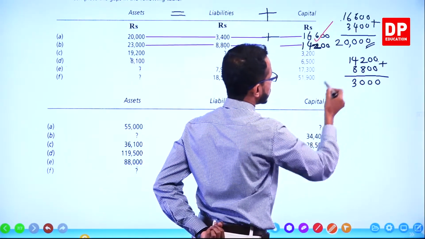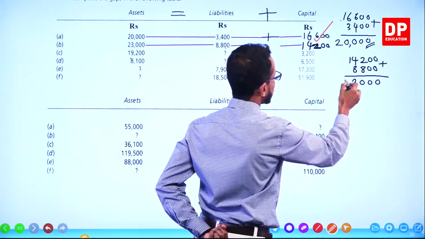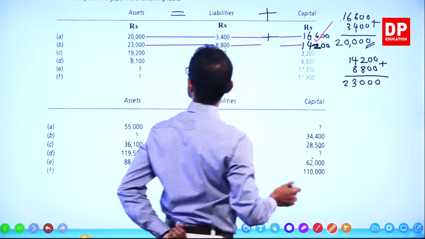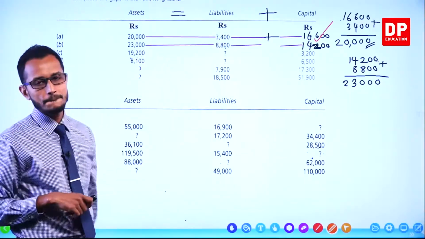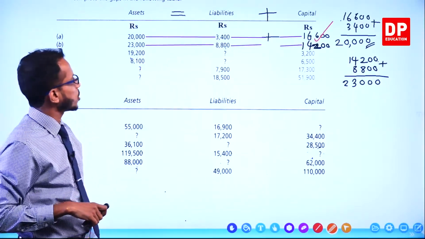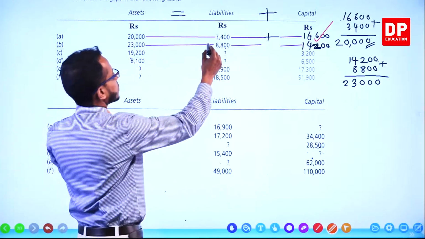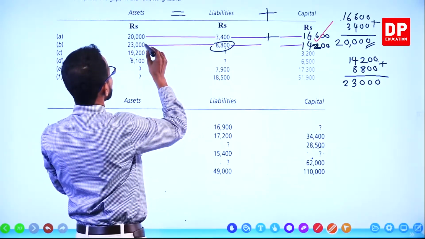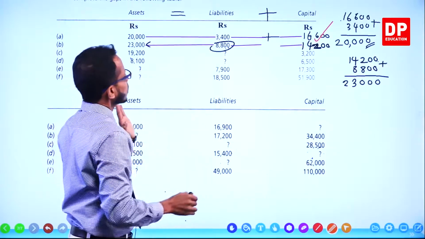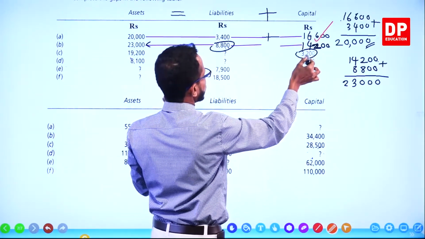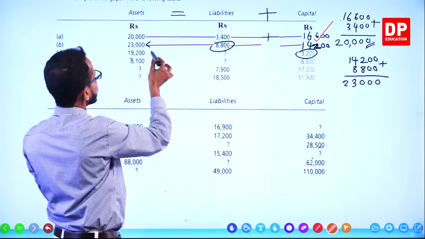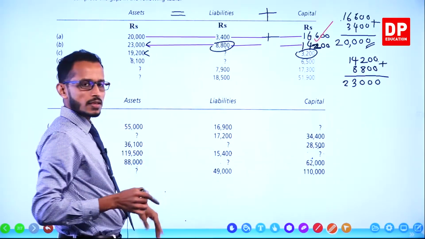With this one, it's 13. And 1 remainder, 1 plus 1, 2, 23,000. Didn't we get the total assets amount? Yes. So, if liabilities are given, you minus this from assets. If capital is given, you minus capital from assets.